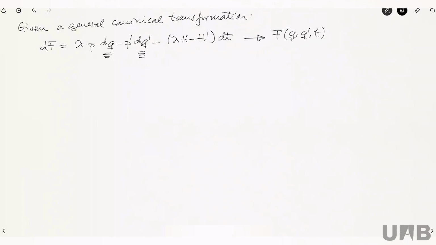This is why we chose this one to begin with. But we can always, and we saw an example, change variables and choose any other pair which is convenient.